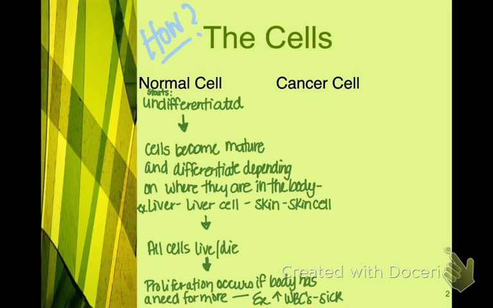All cells live and die, and then proliferation occurs if the body has a need for more, like when you are sick. Okay? So this is normal. I always like for you to understand normal so that you can understand abnormal, right? And the cancer cells are abnormal.